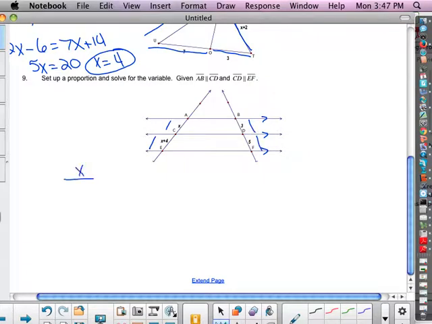So x is to x plus 4 as 3 is to 5. Cross multiply, you get 5x equals 3x plus 12. Subtract the 3x, you'll get 2x is equal to 12, so x is equal to 6.